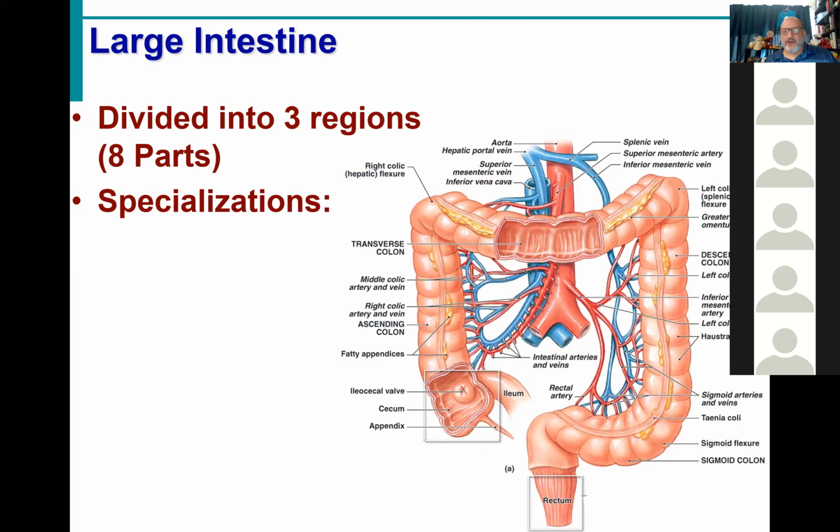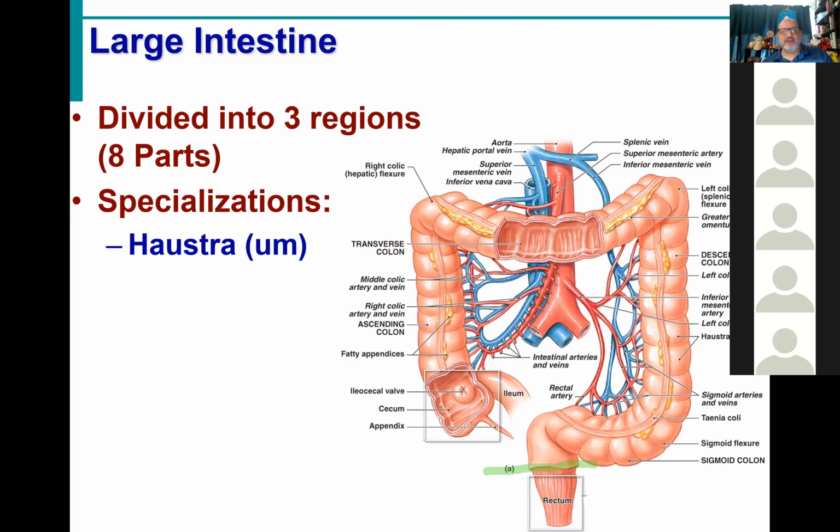Now, like every organ we have seen in the alimentary canal, at least up to the rectum, basically everything up to the rectum has the same basic anatomy as the rest of the alimentary canal from the inferior esophagus down, where we have a simple columnar epithelial tissue that is part of a mucosa, submucosa, muscularis externa, and either an adventitia or serosa, and notice this one gets both. But it also has some specializations to it as well.